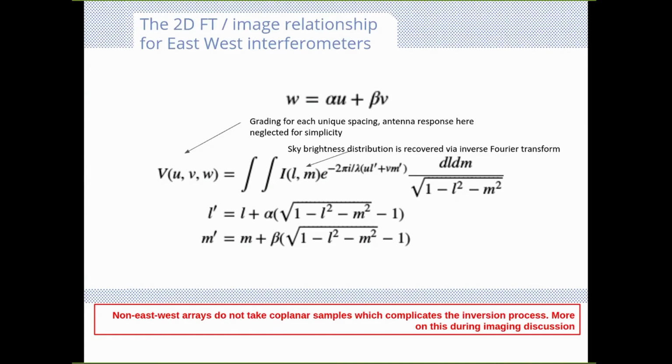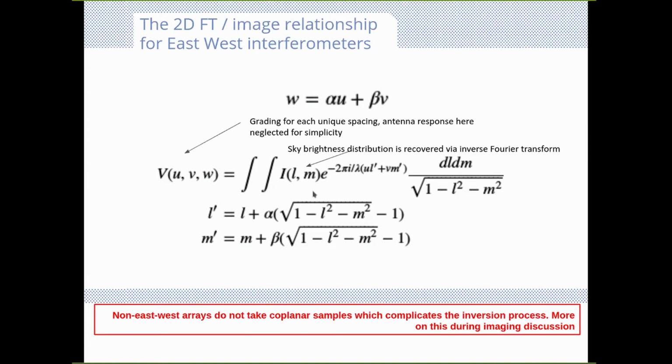but this only holds for east-west interferometers built on level ground. It does not hold if you add any spacings off perfect east-west, so any north-south spacings, such as we have with the VLA or MeerKAT or ASKAP, for instance.